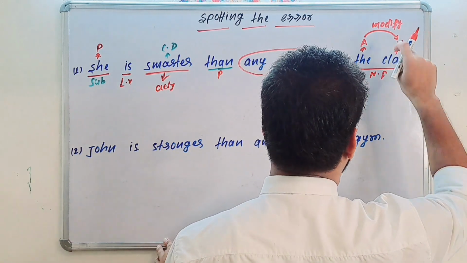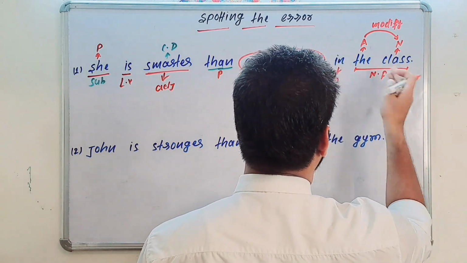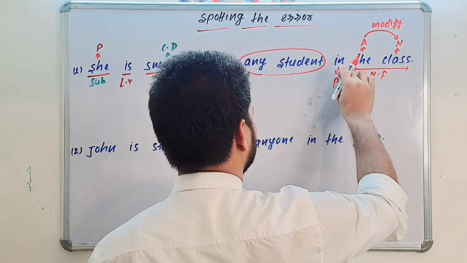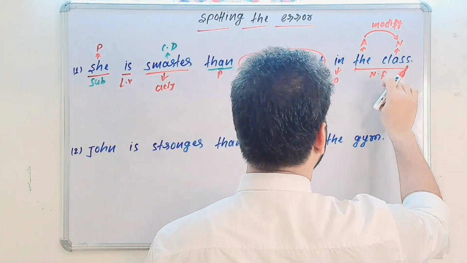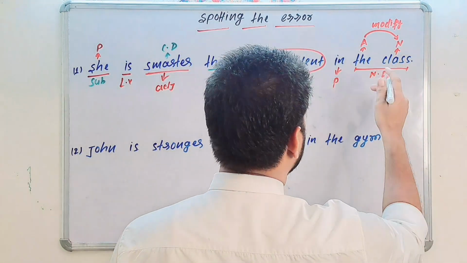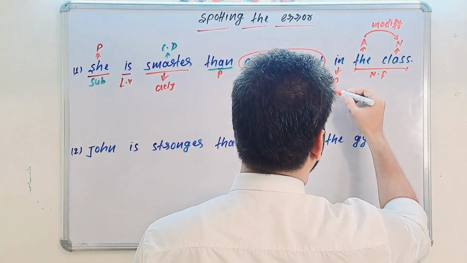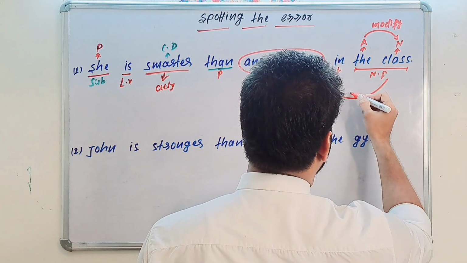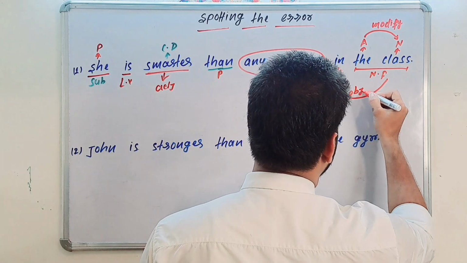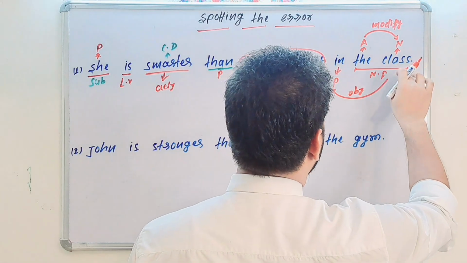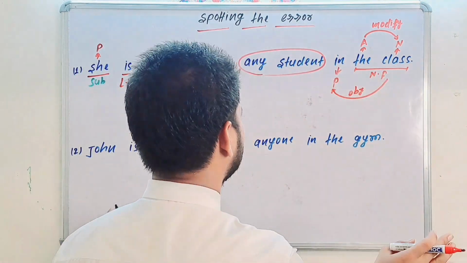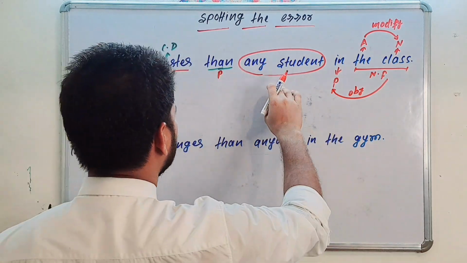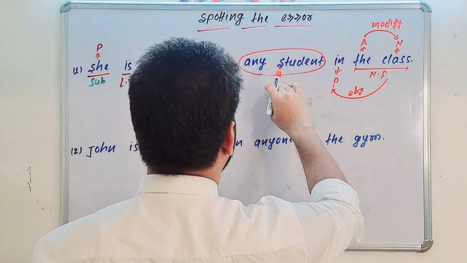Article modifies noun, and before the noun phrase is a preposition. So this is your object of preposition. The class is basically the object here in this sentence.